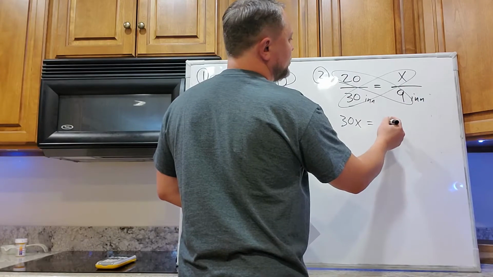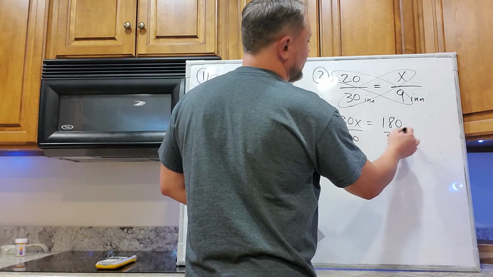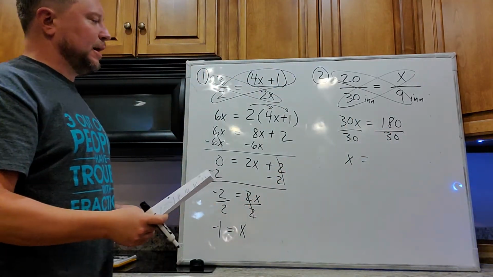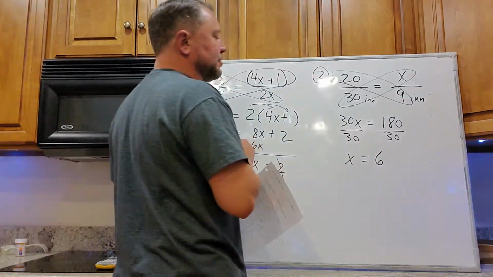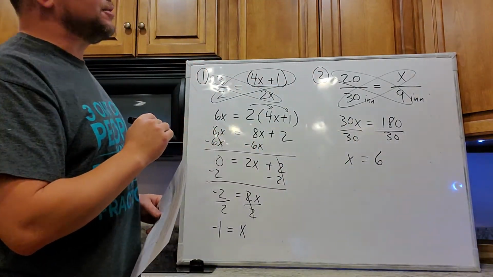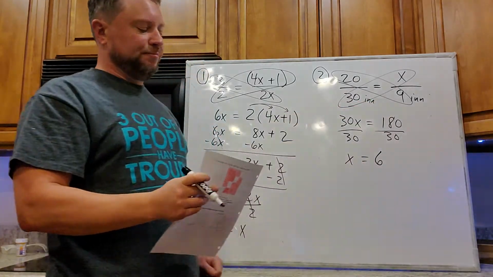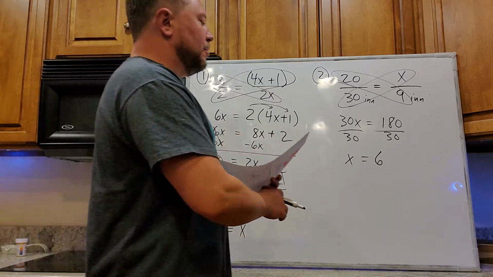And 9 times 20 is 180. Divide by the 30, and then you'll have your x. In this case, that should come out to 6. So the pitcher will allow 6 earned runs over a 9-inning game.